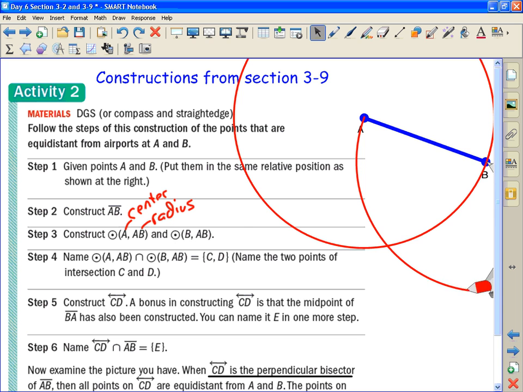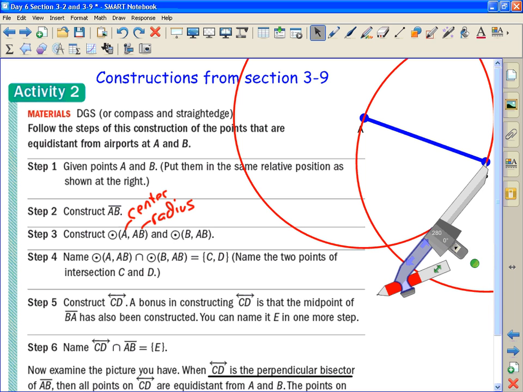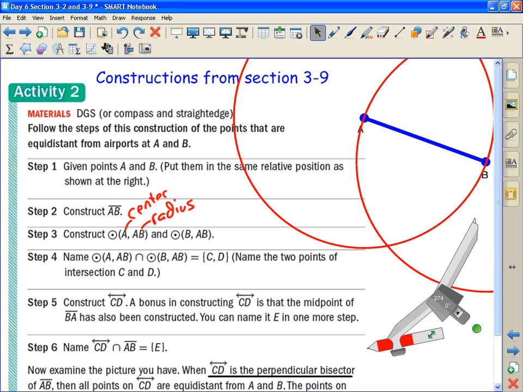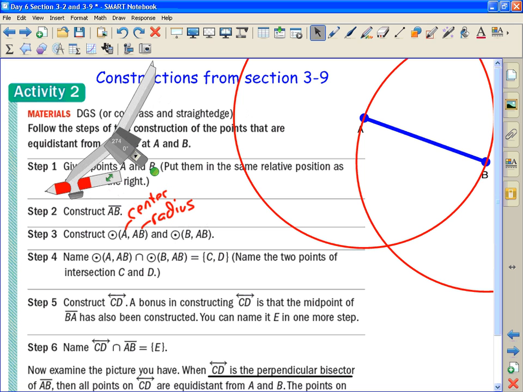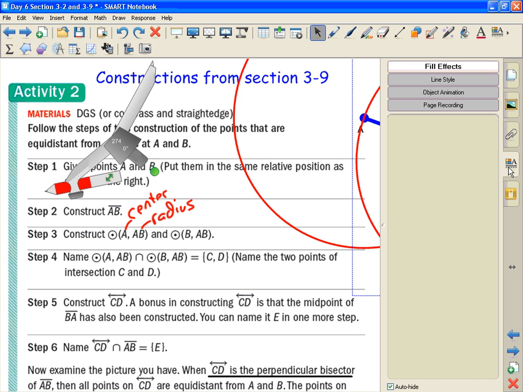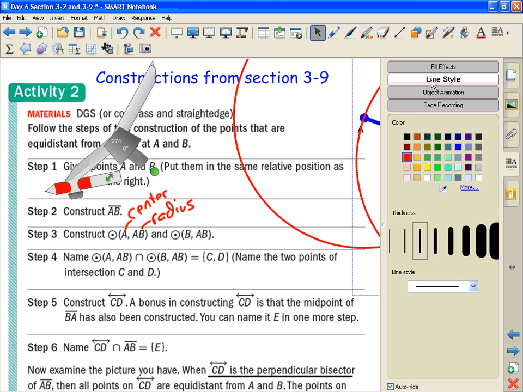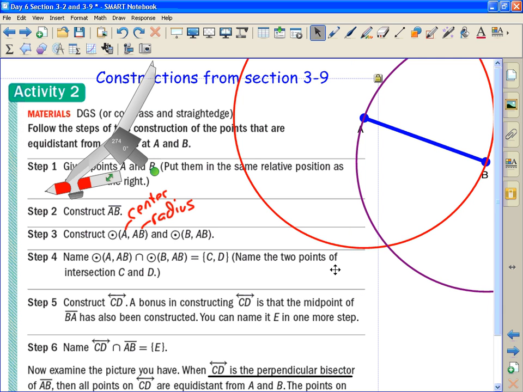Going to make a second circle. I'm going to change the color here, so now let's make it purple. So my two circles are different.